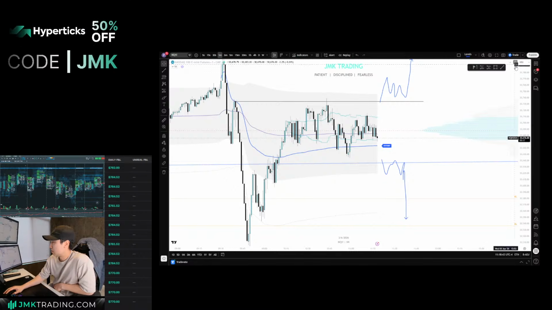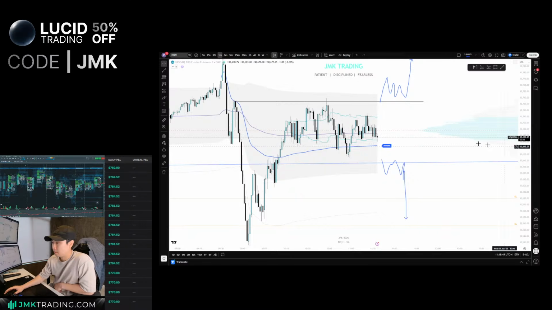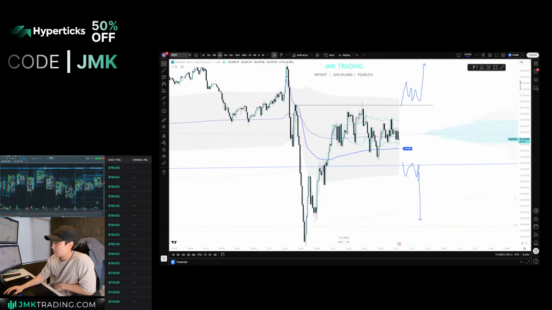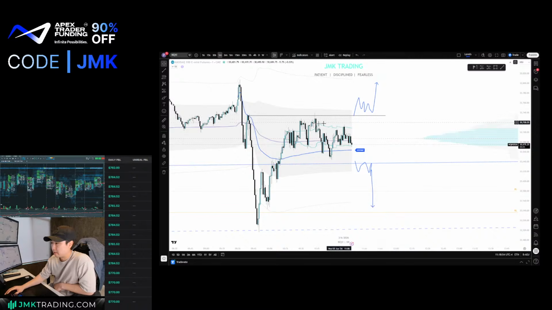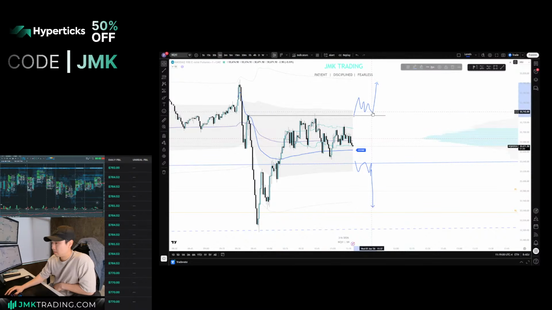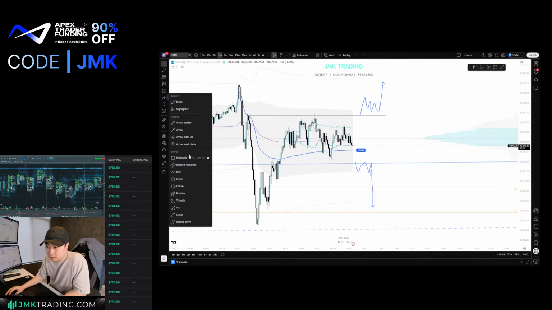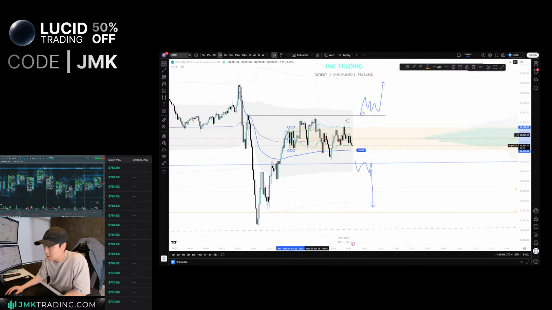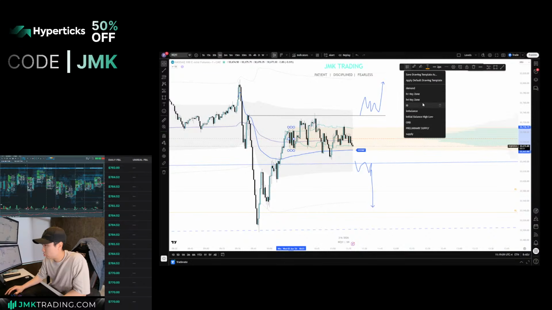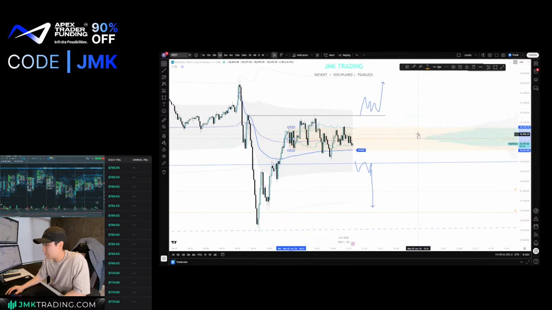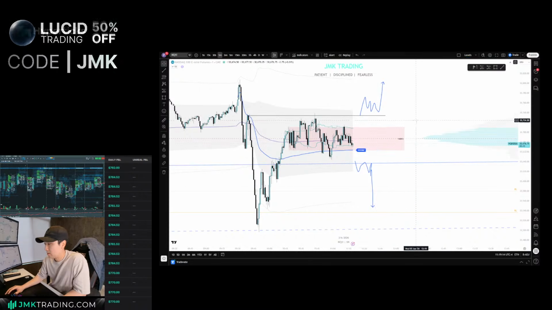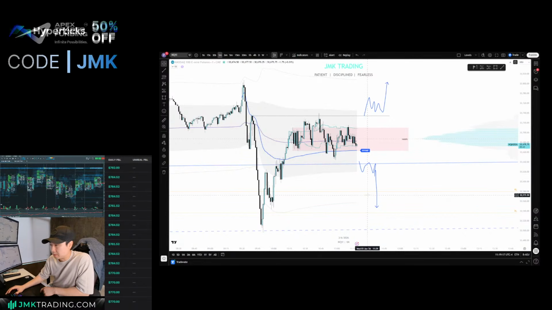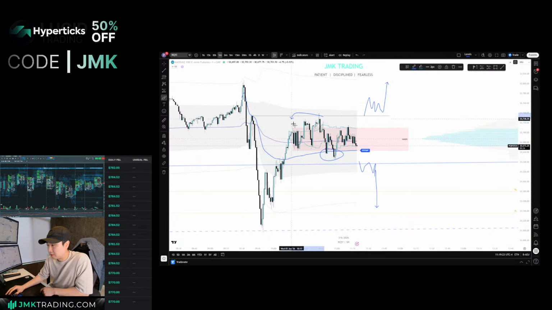I would like to think this does go up as well. I'm more inclined for the long. But in terms of what I would trade, I'd personally wait for a breakout of one of these levels. If you want to be a little bit more aggressive, you can trade the breakout of this range. Just mark it red. You just can get a little bit more chopped out, right? You get these deviations.